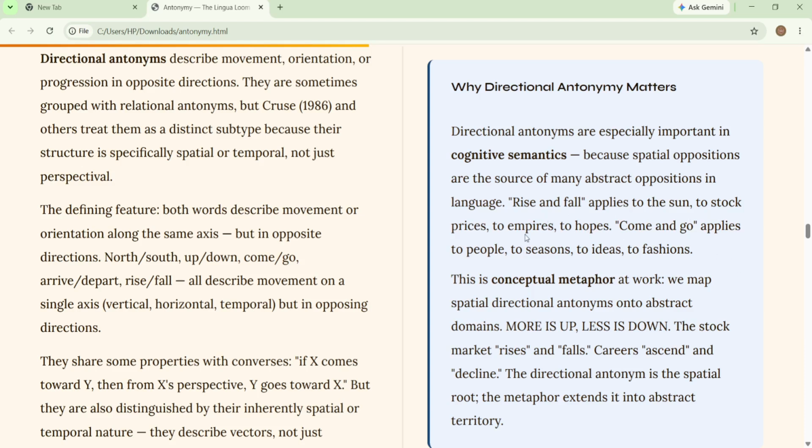Like fallen stock prices, the rise of empires, the rise of hope. These are the examples. This is conceptual metaphor at work. We map spatial directional antonyms onto abstract domains. More is up, less is down: the stock market rises or falls, career ascent and decline. The directional antonym is the spatial root. The metaphor extends it into abstract territory.